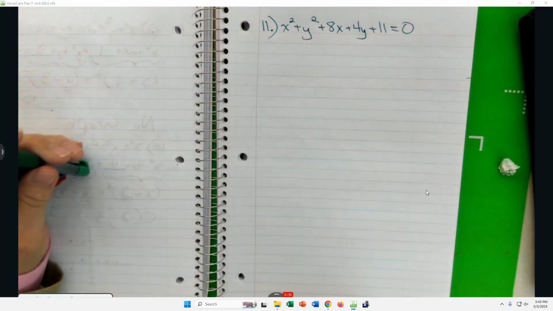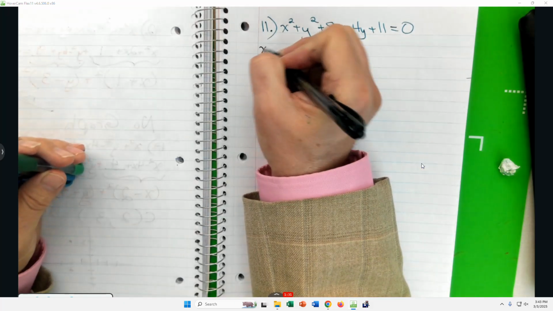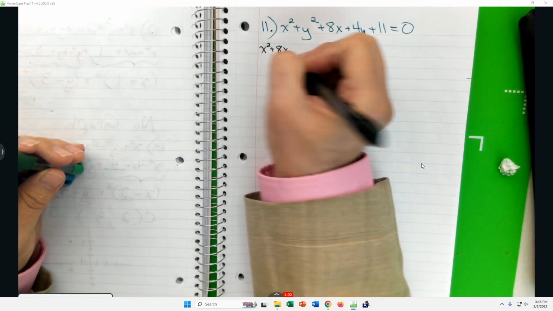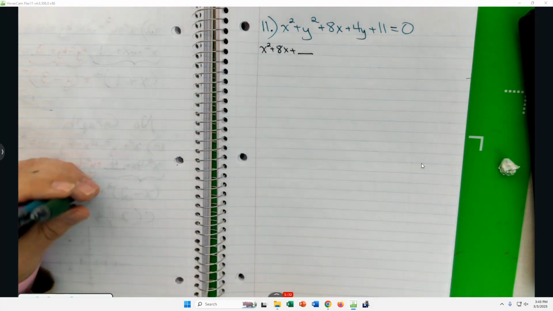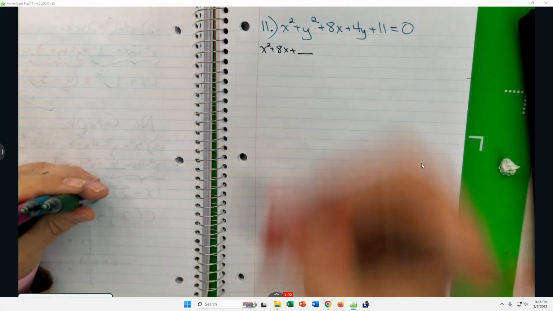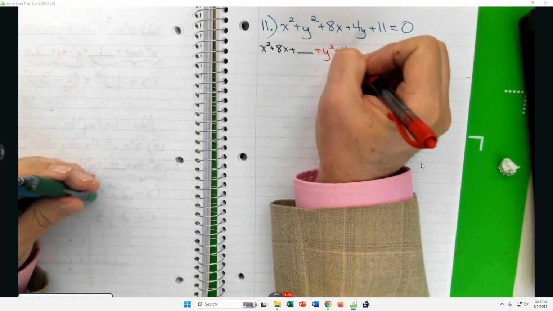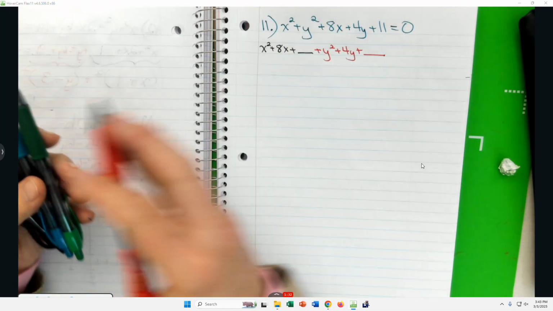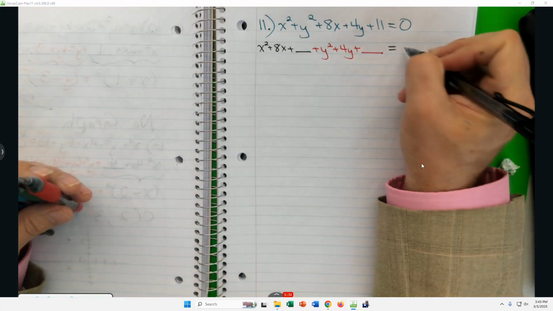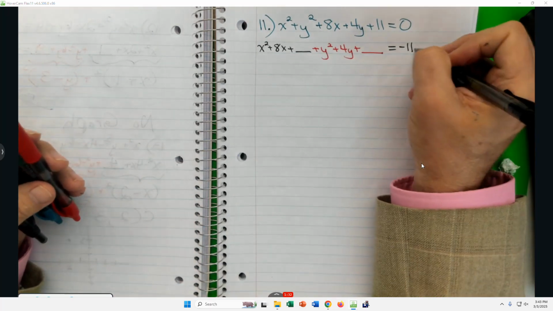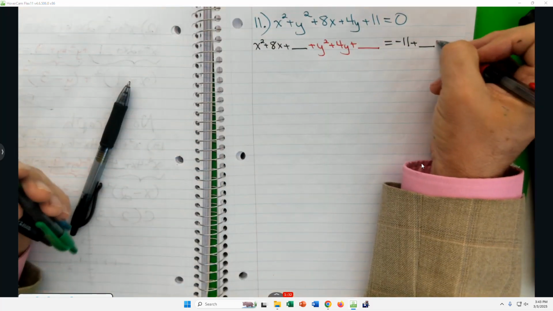Group the x terms together: x squared plus 8x, plus a blank. Now group the y terms: y squared plus 4y, plus a blank. What have I got on the right-hand side? Negative 11. And I still have a black blank and a red blank to fill in.